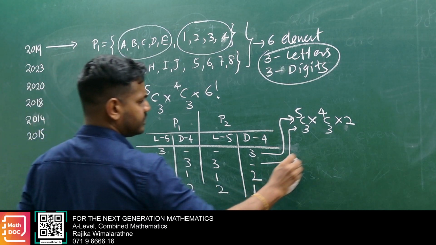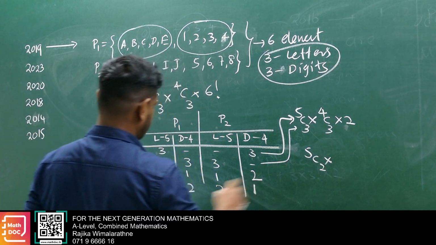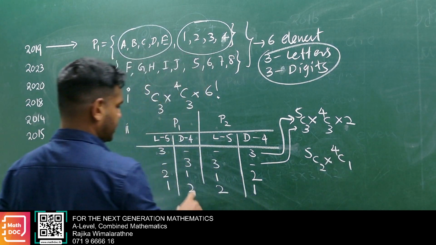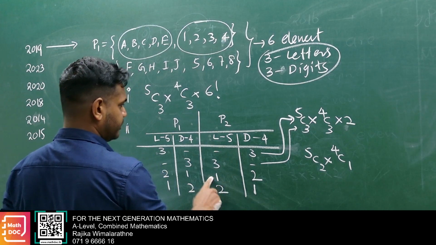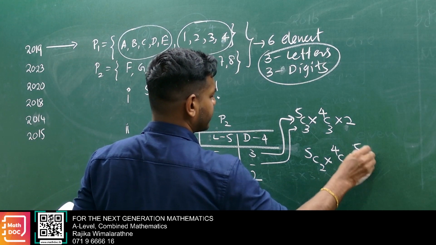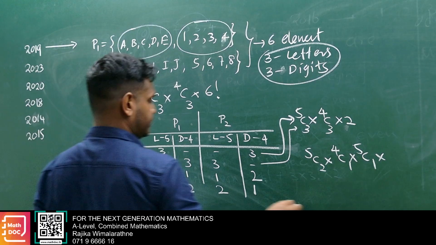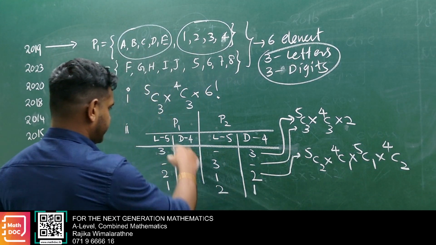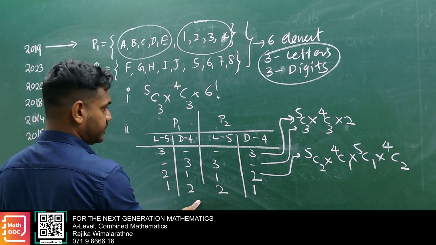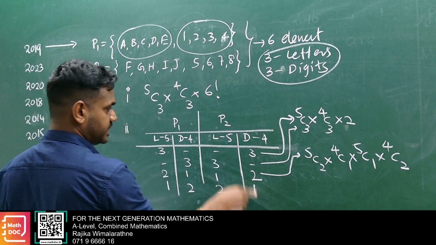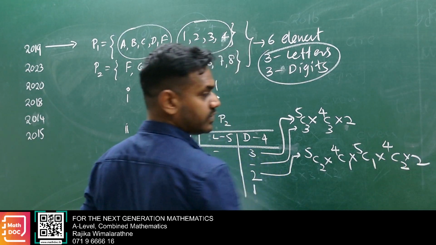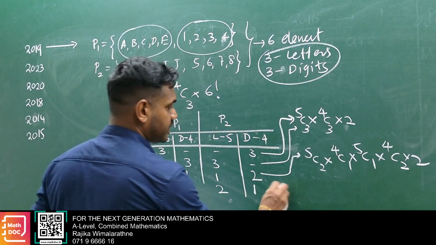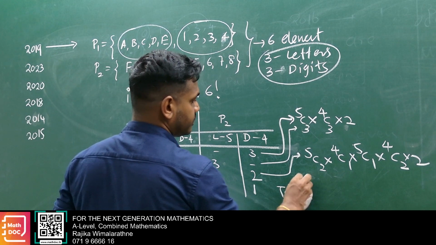Then 5C2, 4C1, 5C1, 4C2. Then 5C1, 4C2, 5C2, 4C1 times 2, no? Then take addition. Then total, take addition.